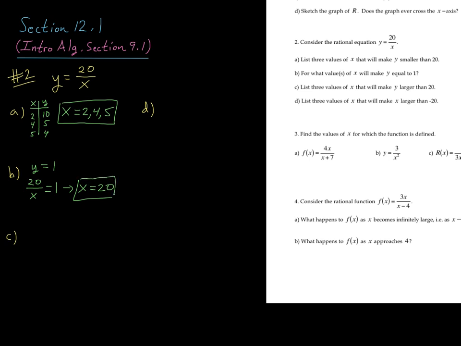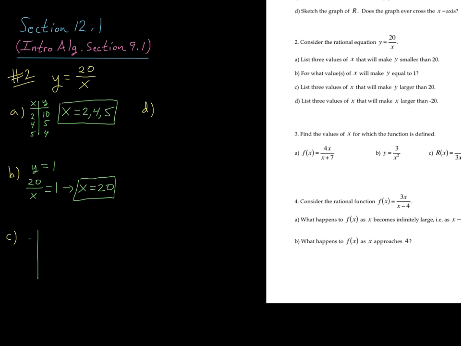All right. For C, list 3 values of x that will make y larger than 20. Well, as we said back in A, if I make x equal to 1, then y would equal 20. So what if I, say, made x equal to something smaller than 1? Okay, so maybe say something like a half.